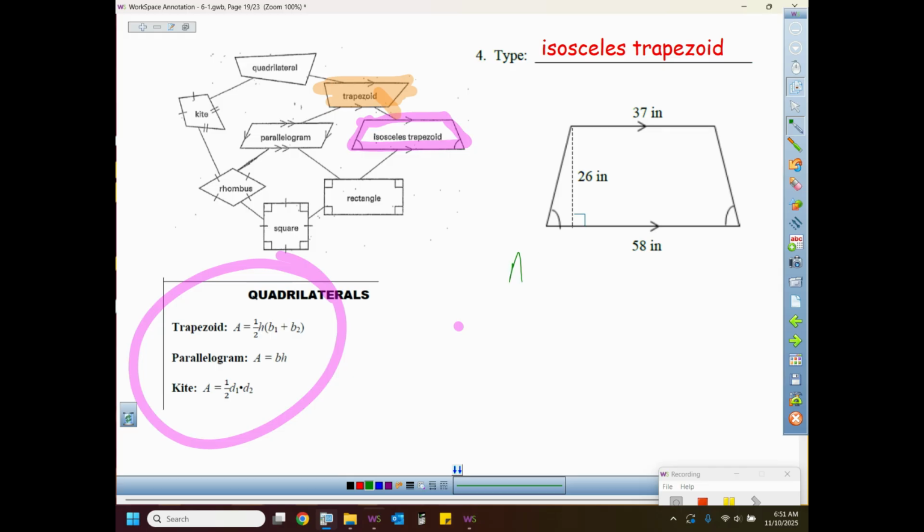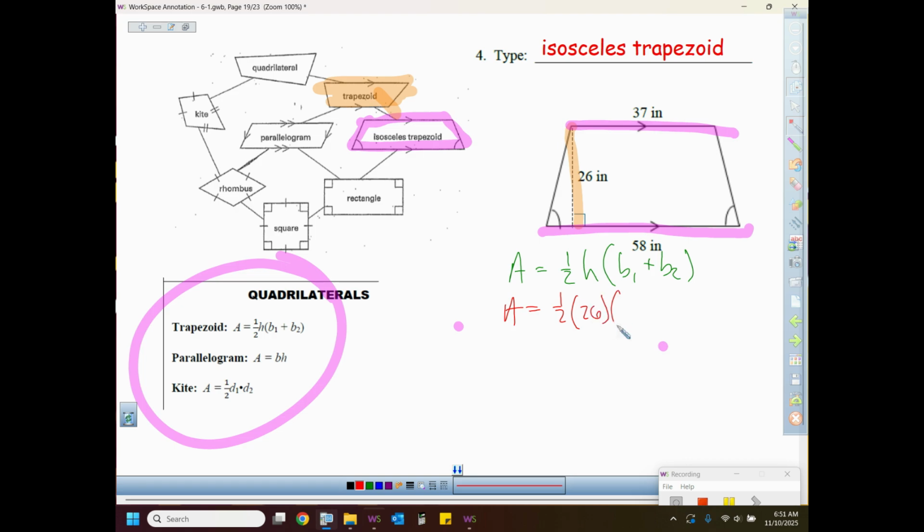We can just go, area is going to equal 1/2 times the height times the quantity of base 1 plus base 2, where the height is that perpendicular distance right here, and the bases of a trapezoid will always end up being the parallel sides. So we will sub in. Area is going to equal 1/2 times 26 times 37 plus 58.